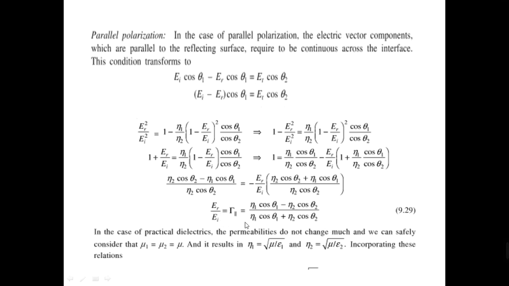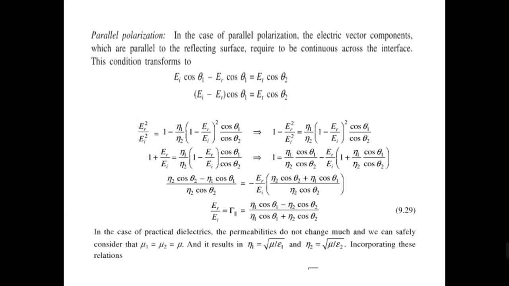This is what you are going to obtain, where eta 1 and eta 2 are the impedances of medium 1 and medium 2. Since it's a perfect dielectric, the conductivity is 0 and the permeability is taken as mu1 equal to mu2 equal to mu, and as a result the intrinsic impedances of medium 1 and medium 2 can be written as root of mu by epsilon 1 and root of mu by epsilon 2.